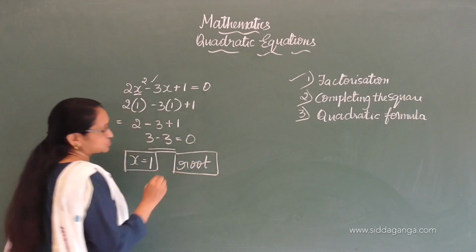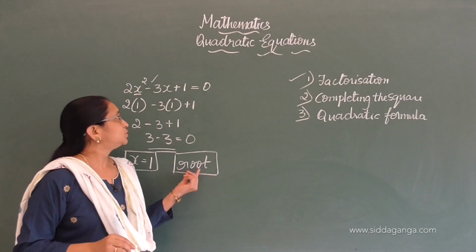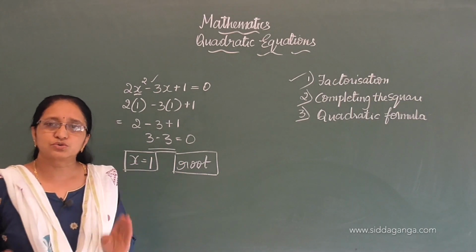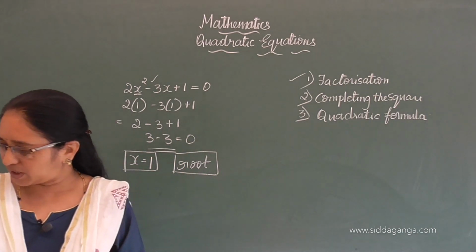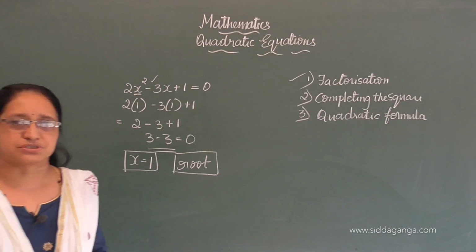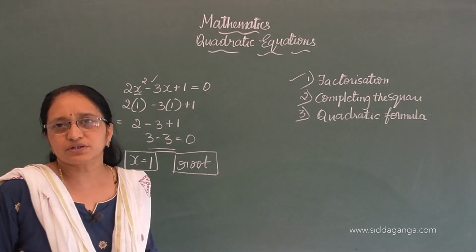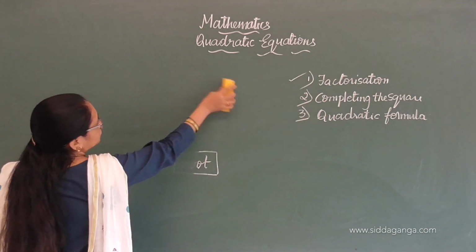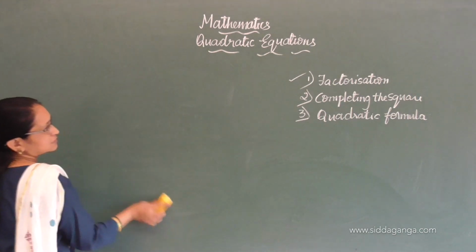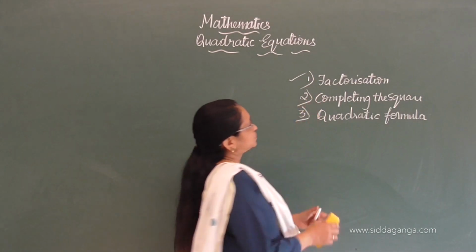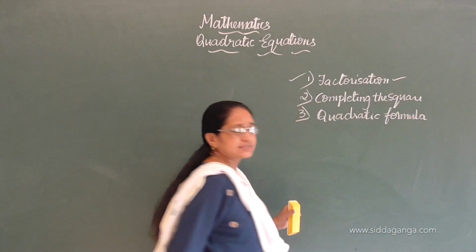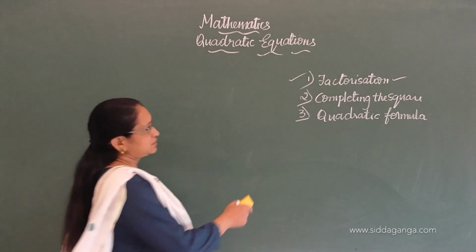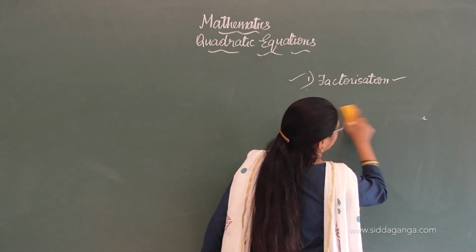I hope you understood the meaning of solution, or root of the equation. Now let us try out a few examples. We shall do with factorization, which you are very familiar with, but still let us try to recall it.